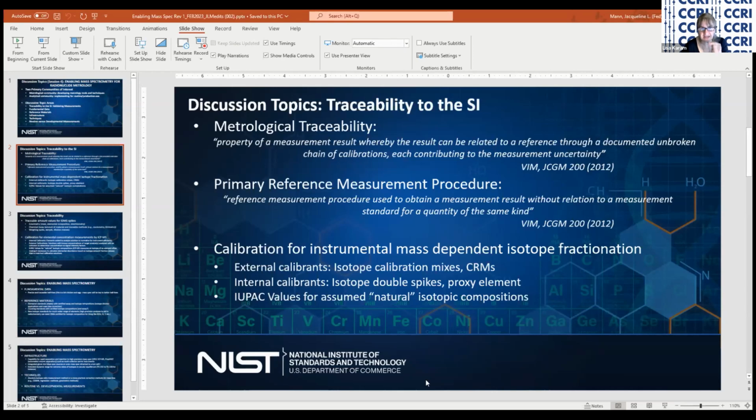If you were to take the primary definition according to the VIM literally, it would be, well, I could justify why it's primary despite the fact that you're using another radionuclide, but it's not obvious from the outset. So the consultative committees in all technical areas do have the flexibility to be able to define something as primary as long as it follows the spirit of the VIM definition.